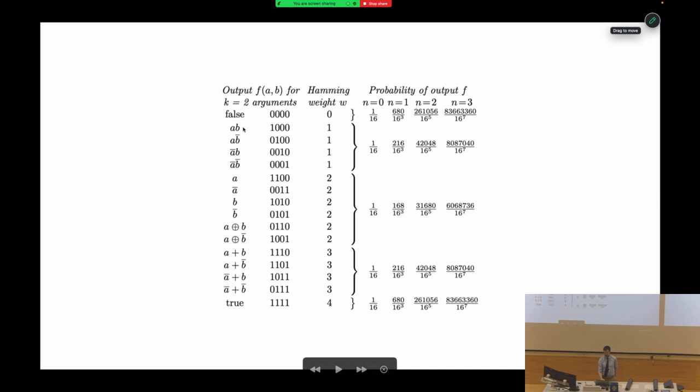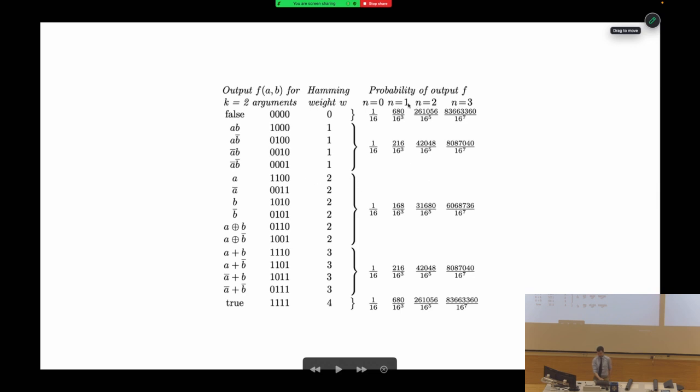This is A and B, A and not B, not A and B, copy A and ignore B, A exclusive or B, and this is just A or B. We can work these probabilities out by hand. One thing that you see is that the probability in a deep layered machine only depends on something called the Hamming weight of the Boolean function, which is just the number of ones in its truth table.